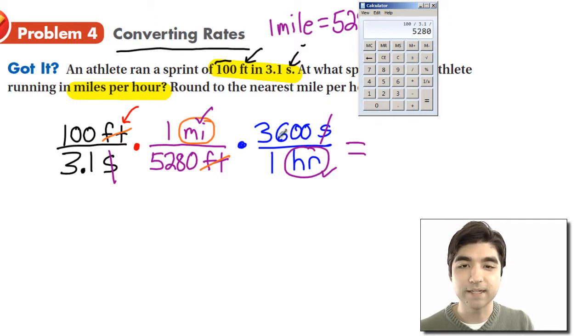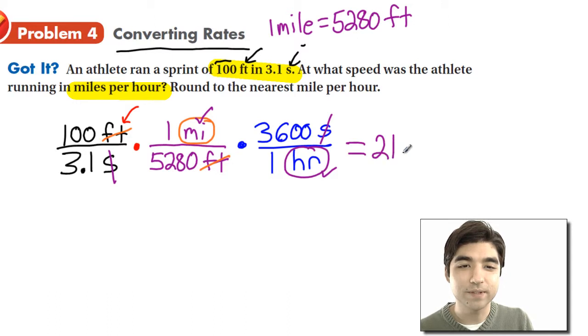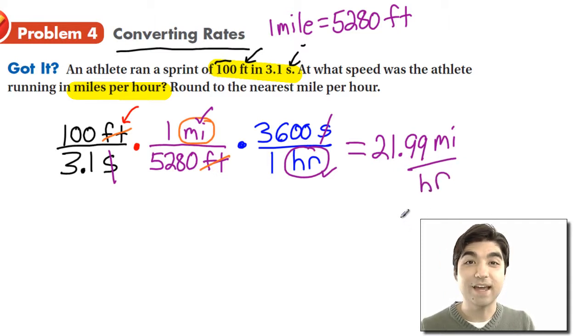What's the next number we've got? We've got 3,600. It's on top, so we need to multiply that. And we get our final answer of, holy smokes, 21.99 miles per hour.